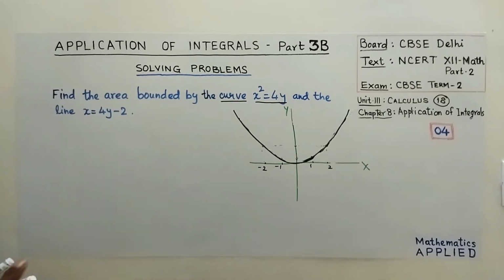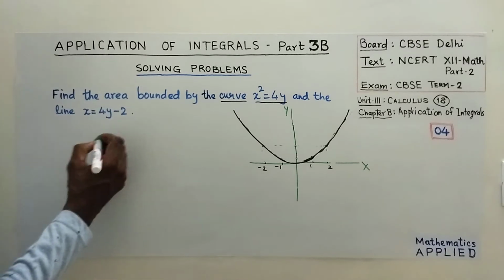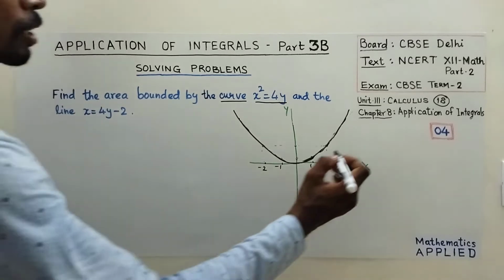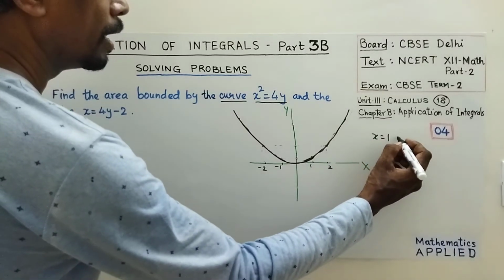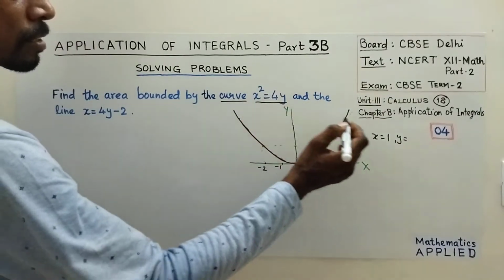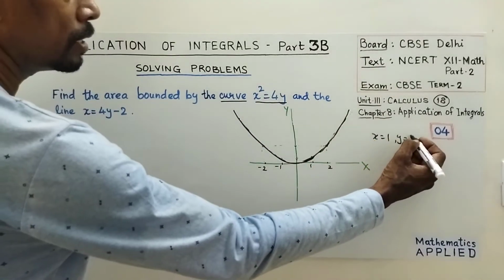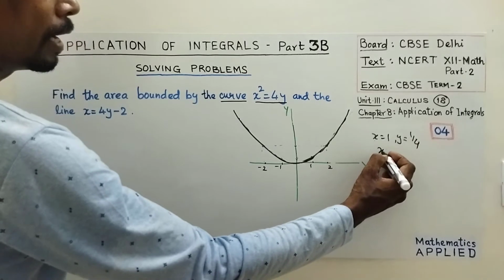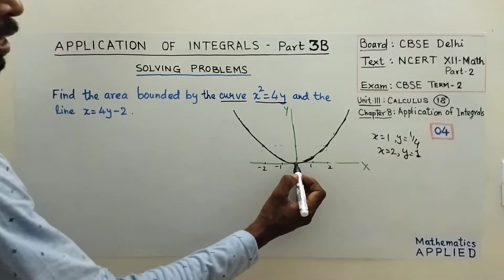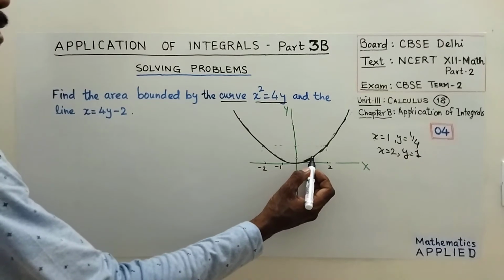So what I did is, I take x equals 1. Here I put x equals 1, and I find those points which satisfy this curve. X equals 1 means y is equal to 1 by 4, and x equal to 2 gives me y equal to 1. So I have taken those 2 points, x equal to 1 and y equal to 1 by 4.